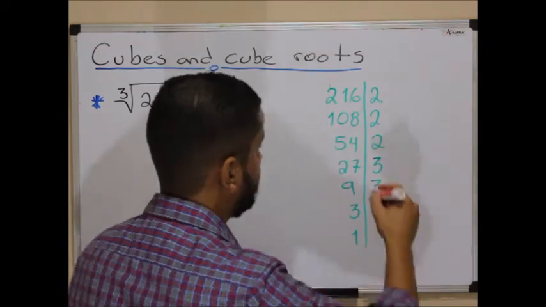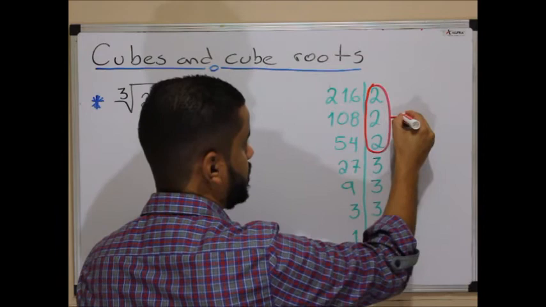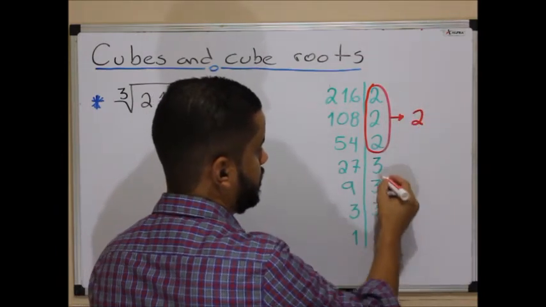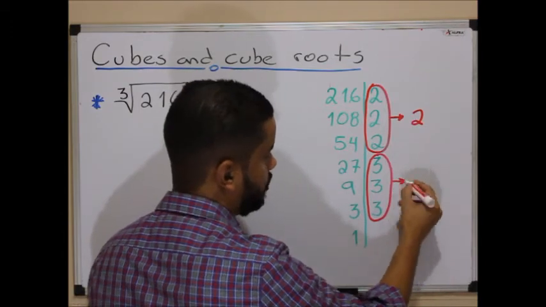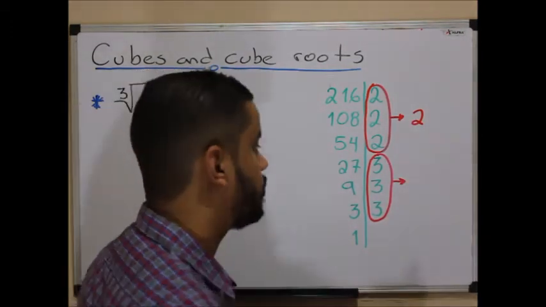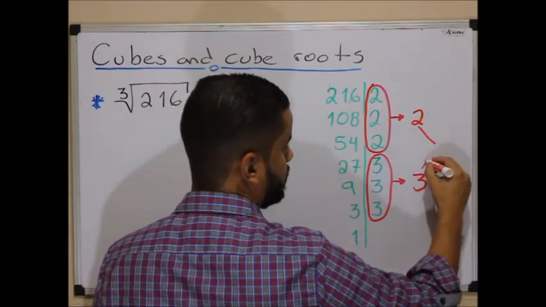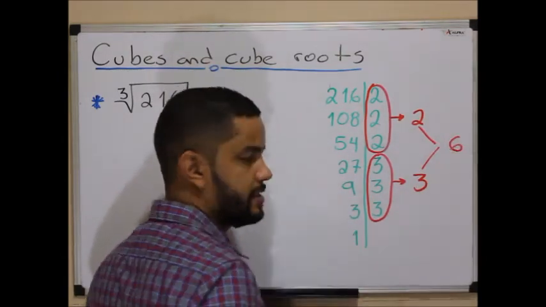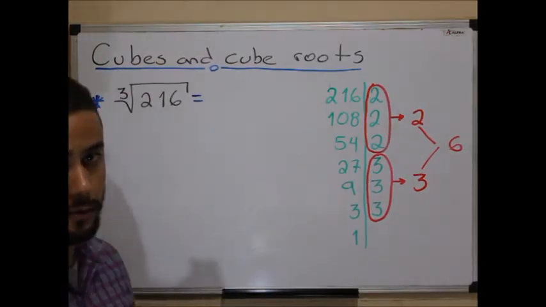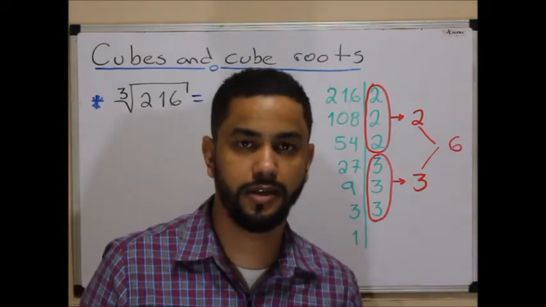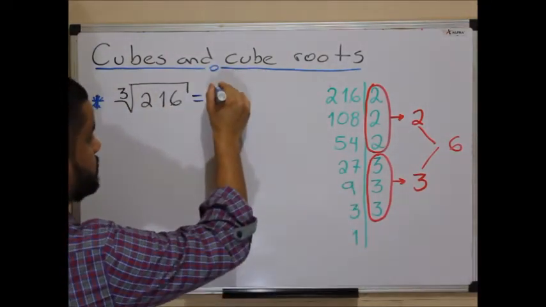So we're having here a team of 3, and we're going to take out the number to get 2, and here we're having another team of 3 numbers 3, and we're going to get here 3. Now we multiply them to get 6. That means that our cubic root of 216 is equal to 6.